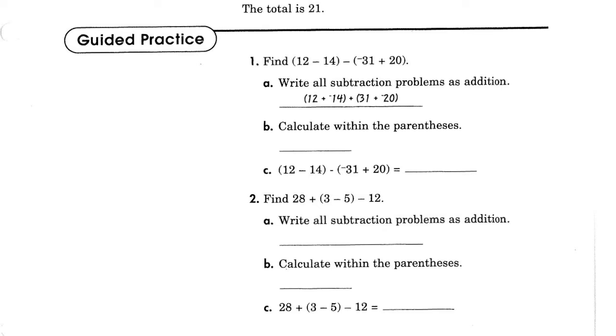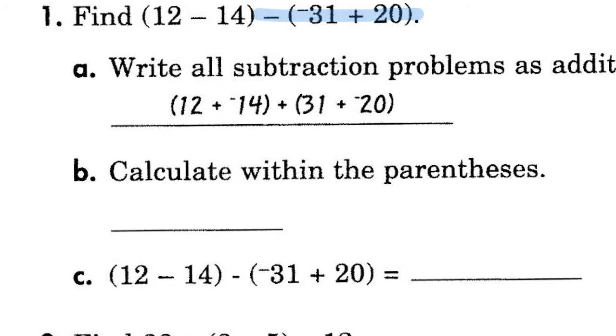So for the first part, we have to find within parentheses 12 minus 14 minus negative 31 plus 20. It says write all the subtraction problems as addition. Now this one is a little bit special because of this negative and then the parentheses. So I want you to take note that when they rewrote it, they got 12 plus negative 14.